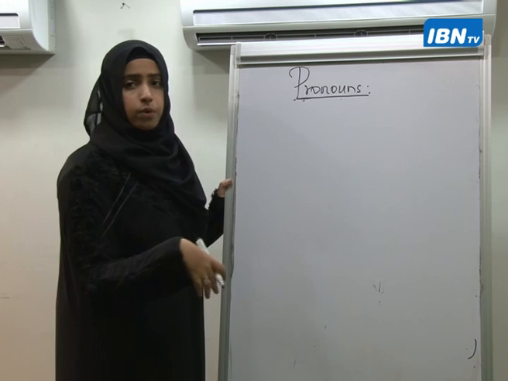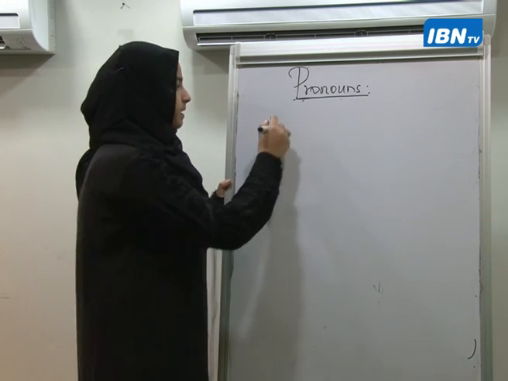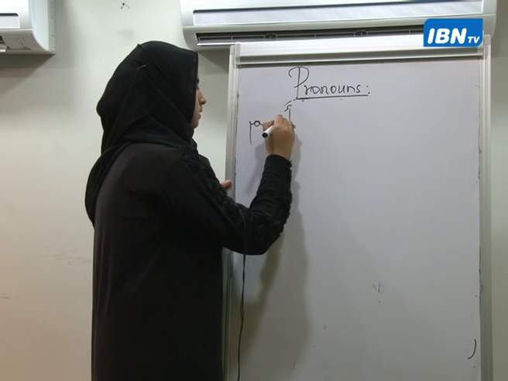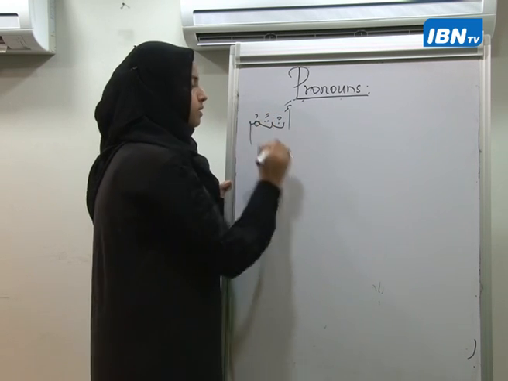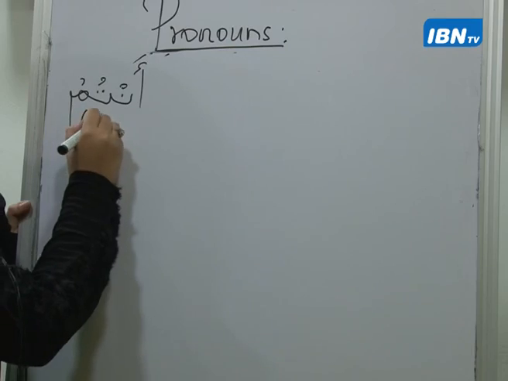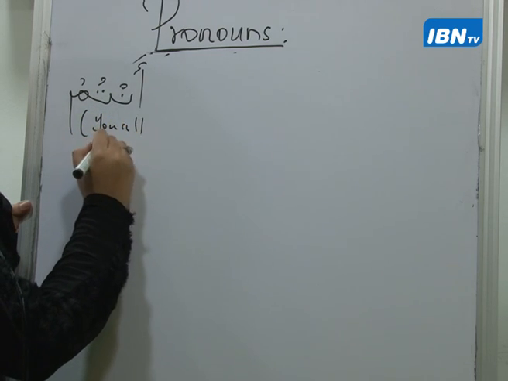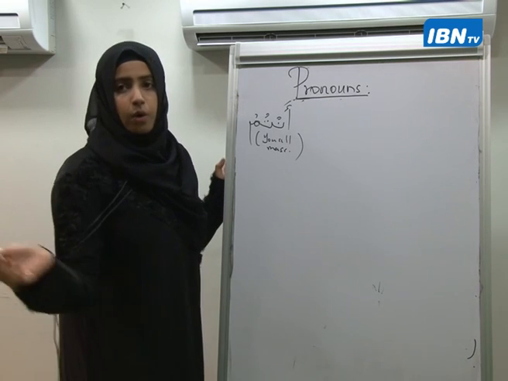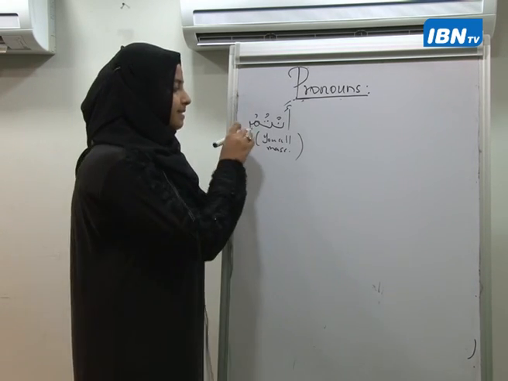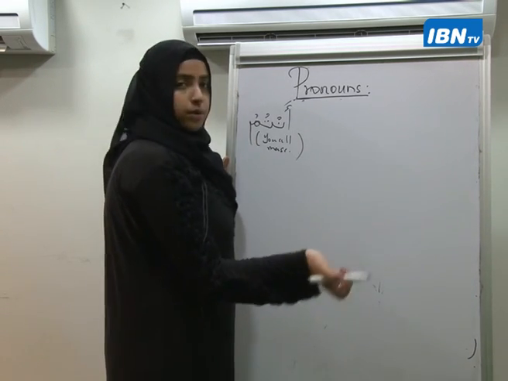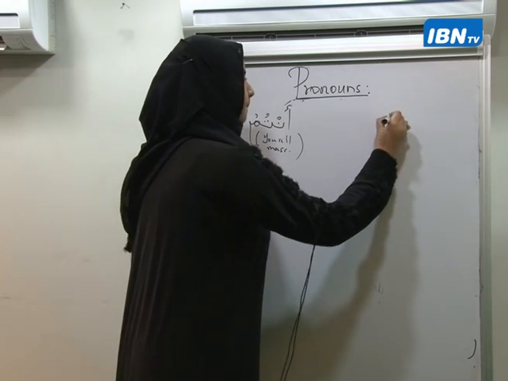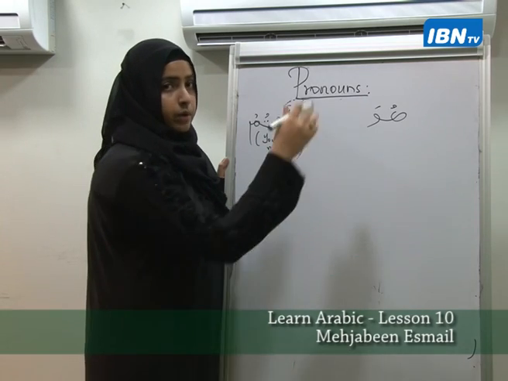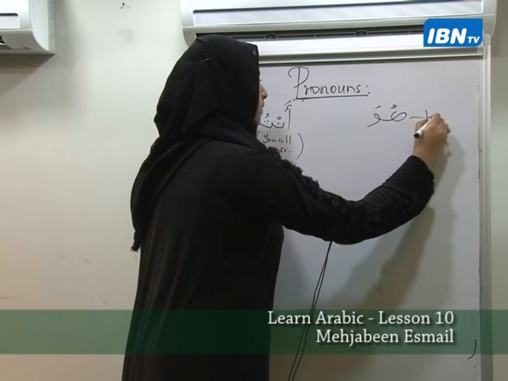Right. So for you all, I had said you all masculine is antum. Antum is you all masculine. Right. So if I want to say they all masculine, it's the same thing. So he means huwa. Right. So what am I going to do? Again, I'm going to drop down the waw.